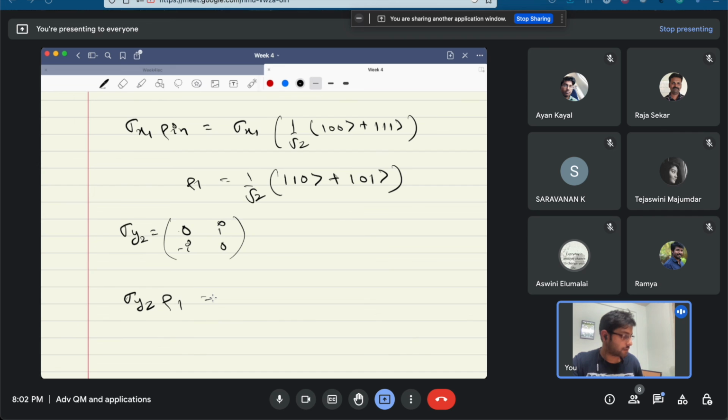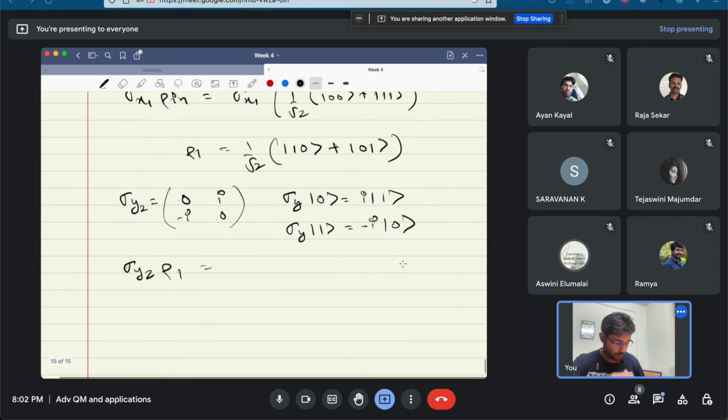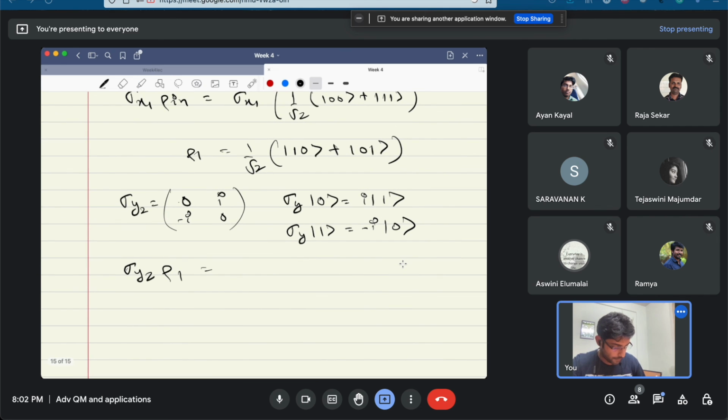Sigma y acting on 0 gives you i 1, and sigma y acting on 1 gives you minus i 0. Okay, so yeah, the signs are right. So we have your rho 1 here. So sigma y2 acting on 1 by root 2, 1 0 plus 0 1.